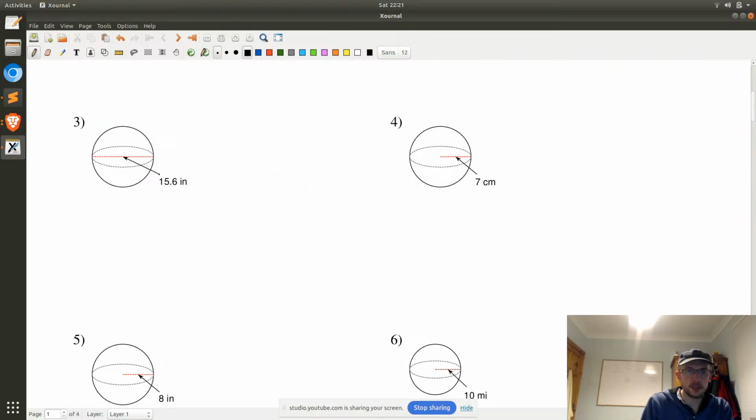15.6, halve it to get 7.8, square it to get 7.8 squared. You know what?